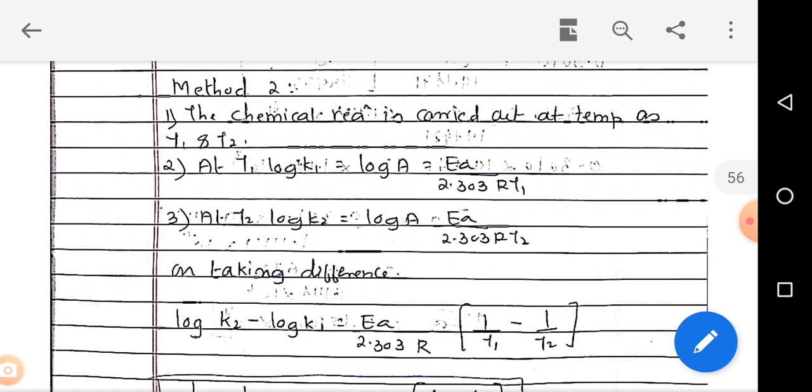The second method is that the chemical reaction is carried out at two temperatures, T1 and T2. At T1 the value of the rate constant is K1, then log K1 is equal to log A minus Ea divided by 2.303 RT1.